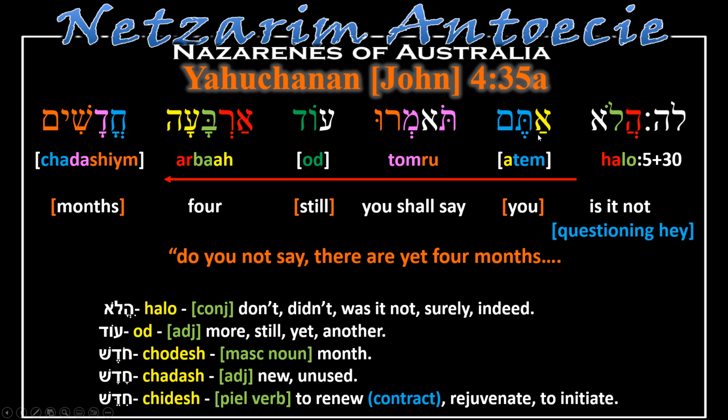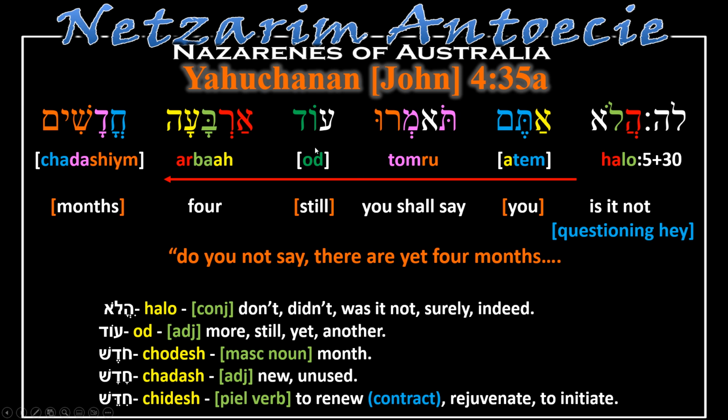So is it not, and then atem, you, or do not you. Tom ru, you shall say. The reason it's you and not they is because we have a tav in the front, which is second person. You shall say, because we know that omar is to say.